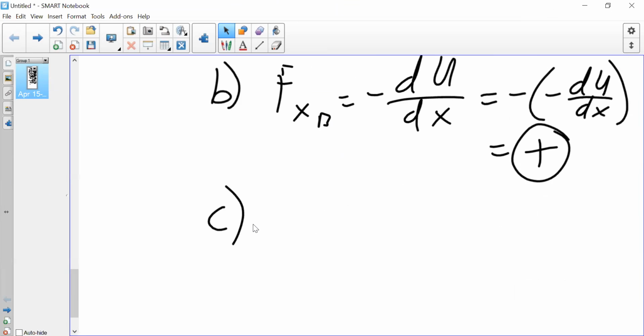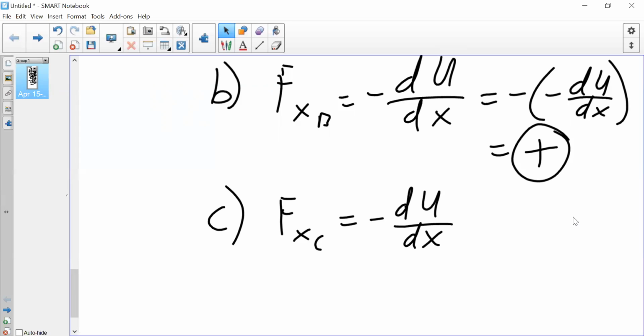Okay, then at C, what is the force going to be there? Anyone else? Lily, Joya, Christian, anybody? Anybody else unsure?